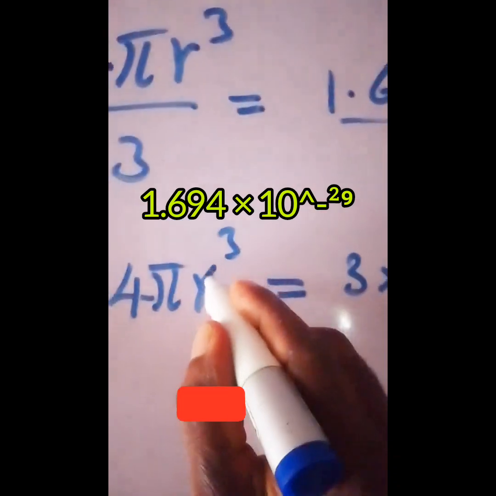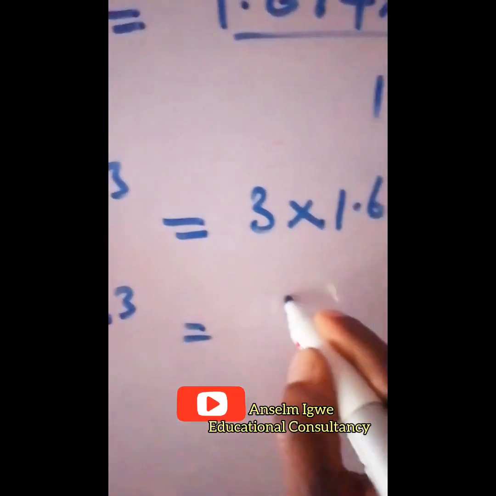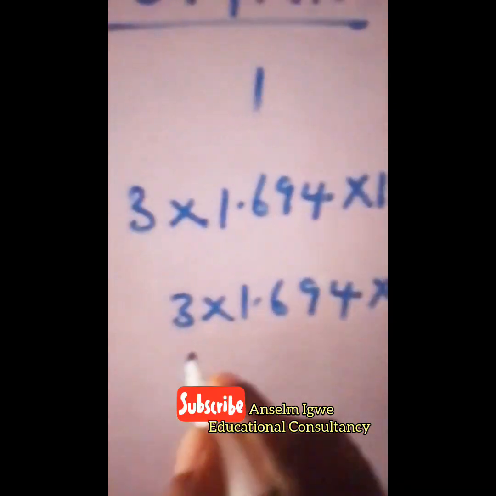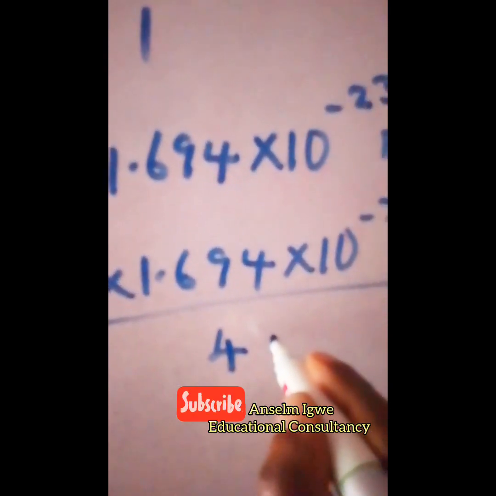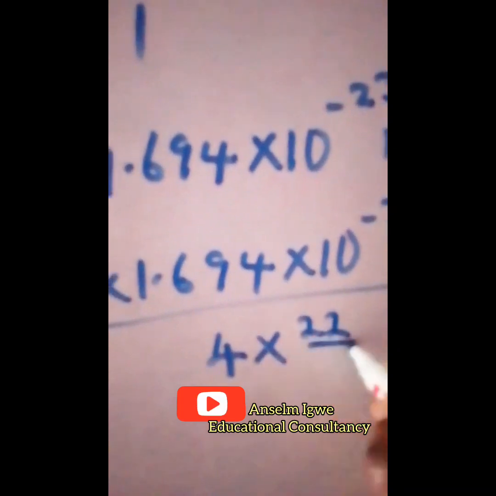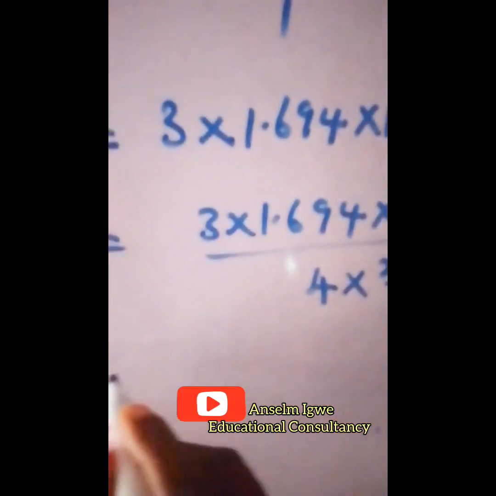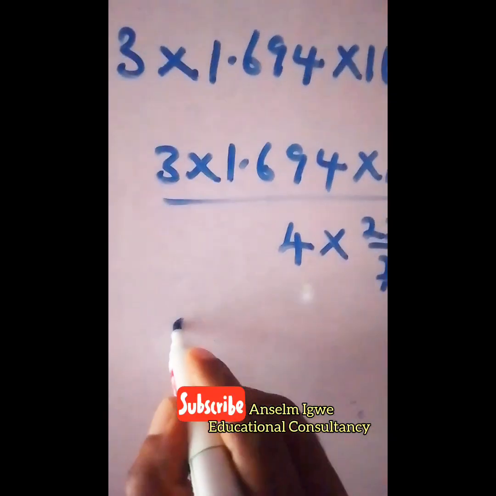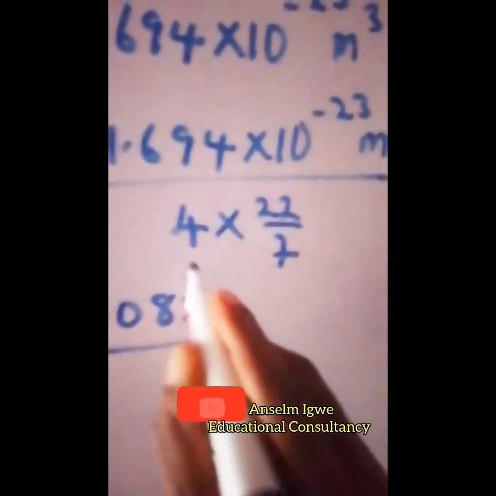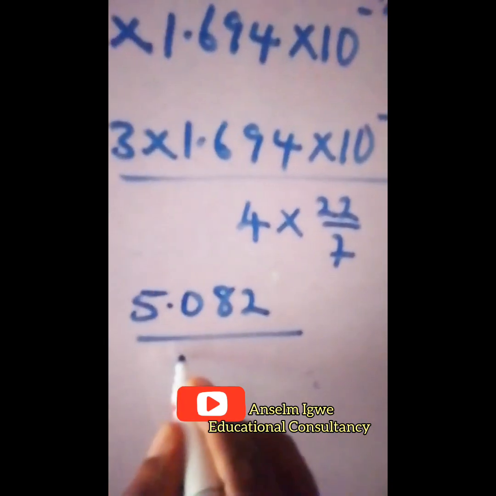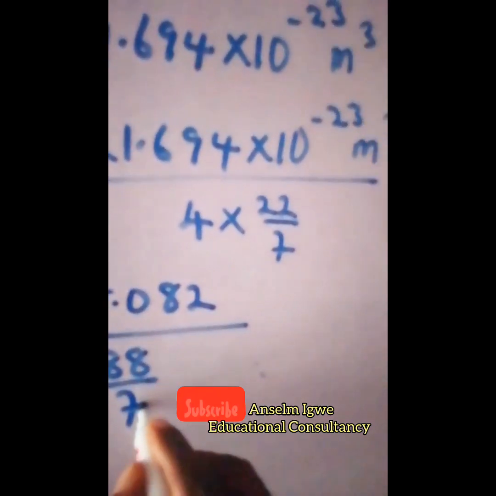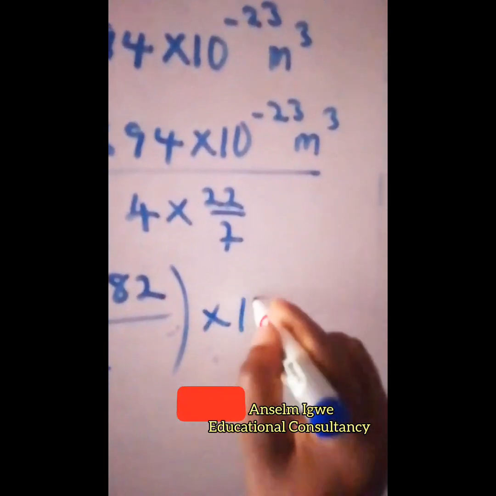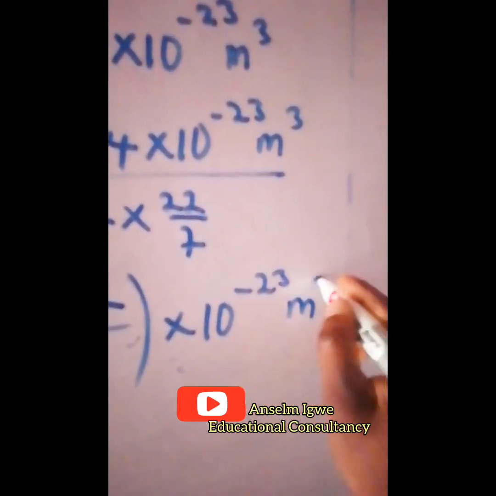So we make r cubed the subject. R cubed will give us 3 times 1.694 times 10 raised to the power minus 23 cubic meter divided by 4 pi. And 4 pi is 4 times 22 over 7. Let's now manipulate this. 3 times this will give us 5.082 divided by 4 times 22 over 7, that is 88 over 7, times 10 raised to the power minus 23 cubic meter.